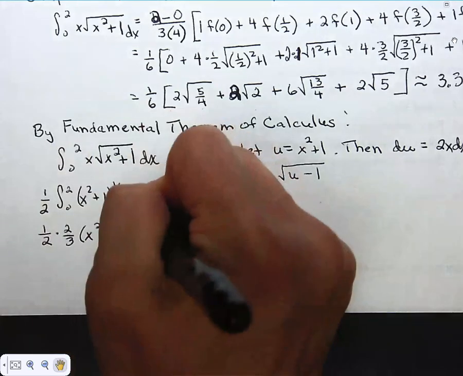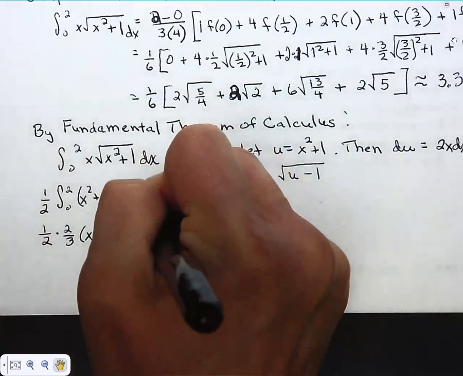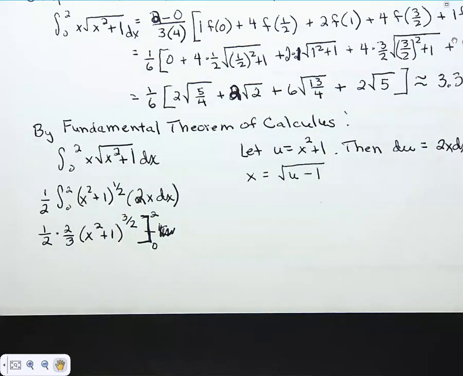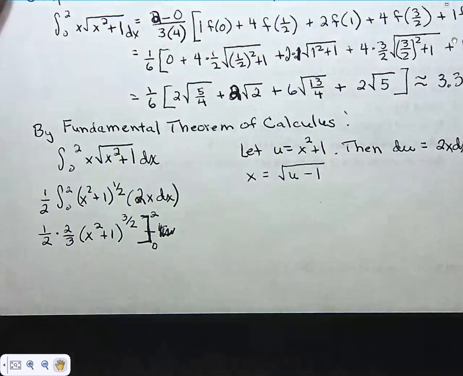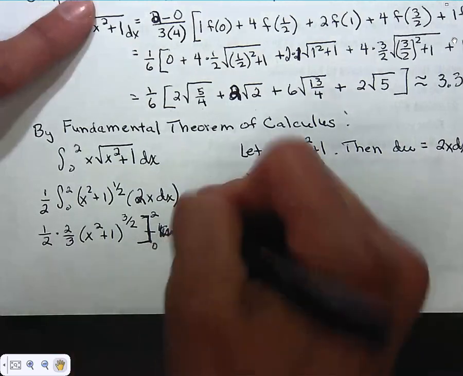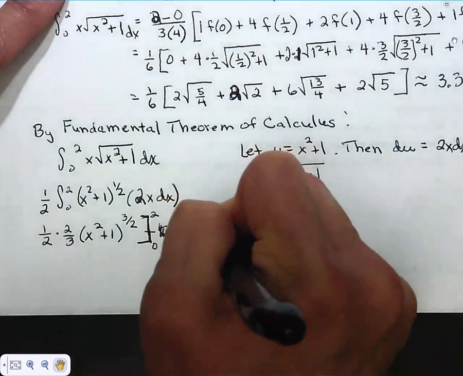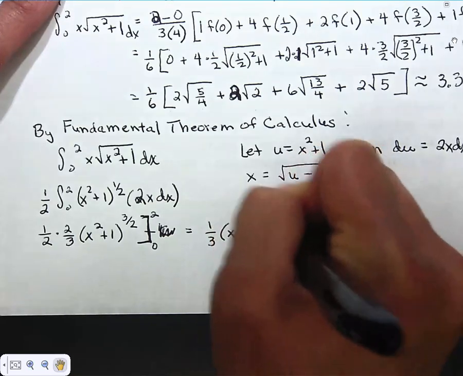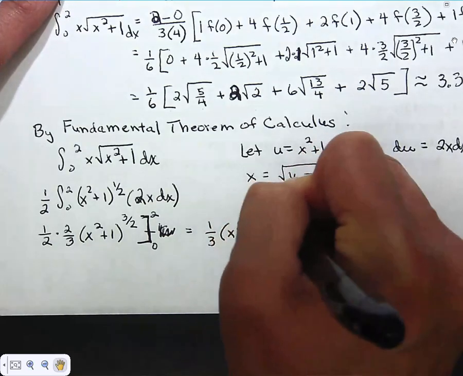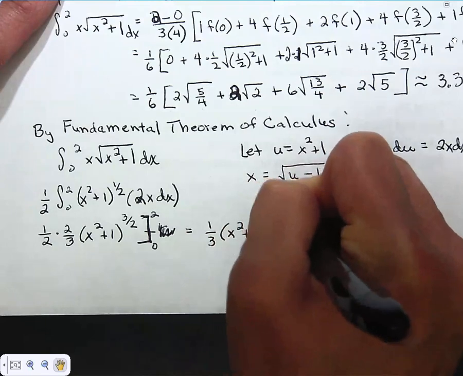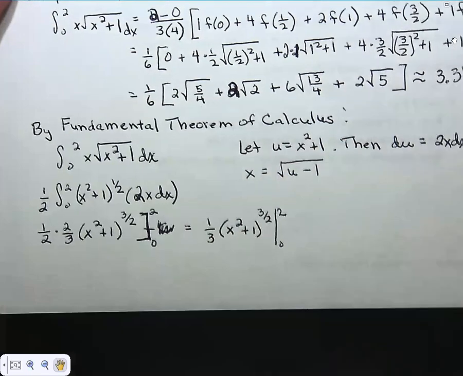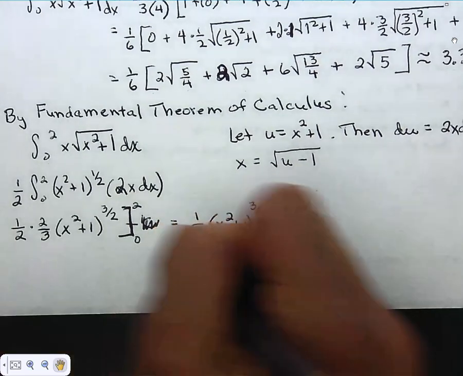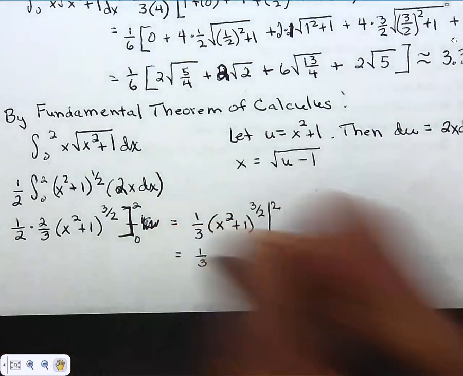I'm just going to say that evaluated from 0 to 2. And put a 2 in place of x.